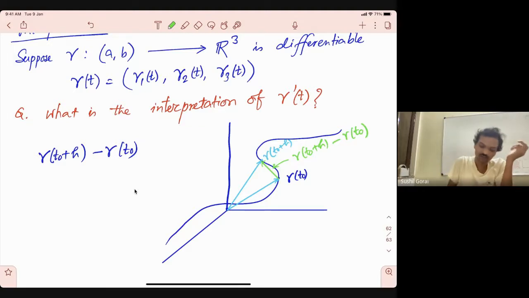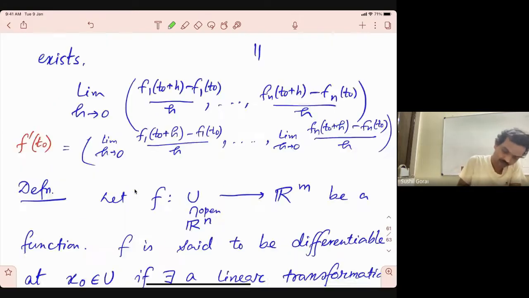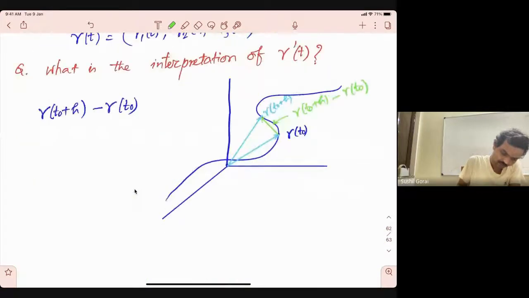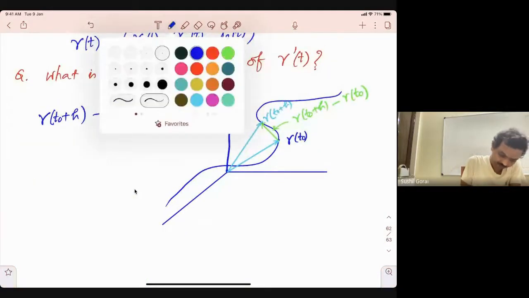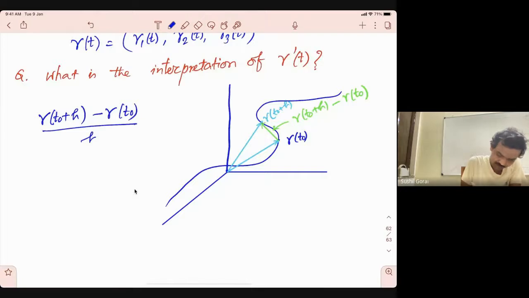If you look at the quotient, this is nothing but the slope of this line.